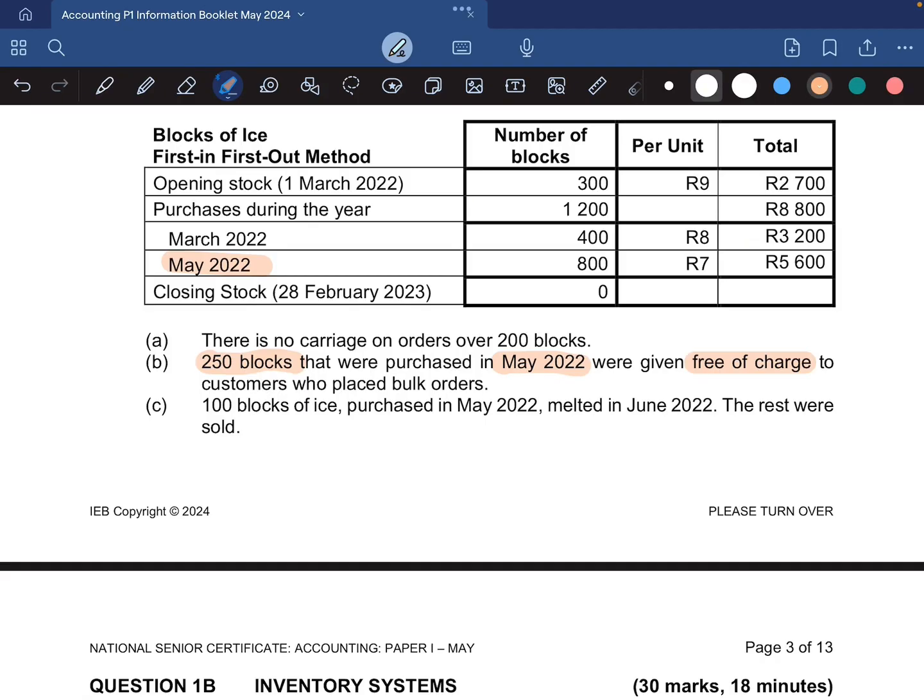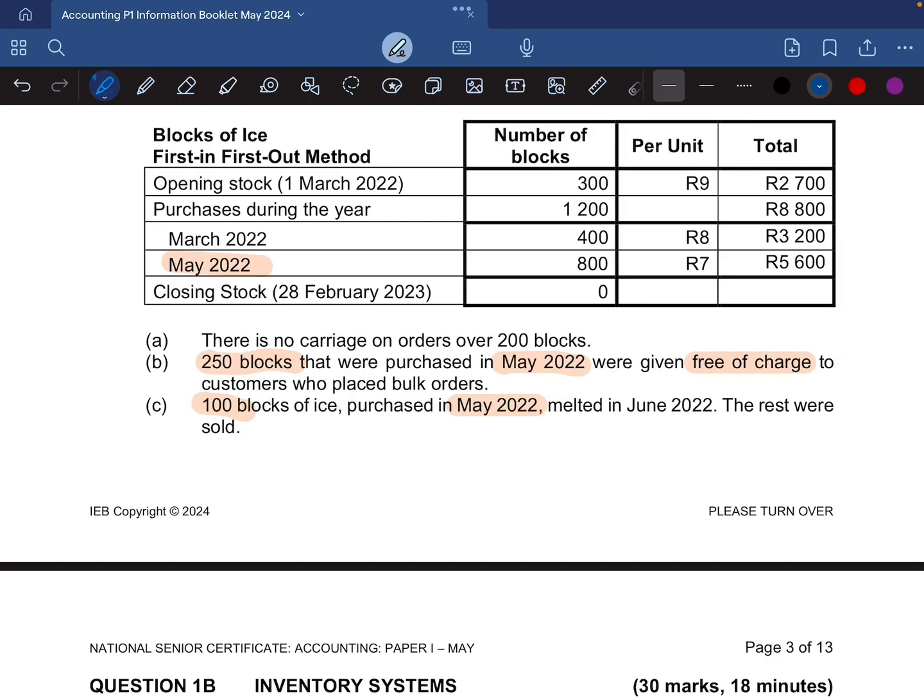Then lastly, we have 100 blocks of ice purchased in May again. They melted in June 2022, and then the rest were sold. So here, the 100 blocks that were purchased in May 2022 melted, which means from this 800, we need to subtract 100 and also subtract 250, but we'll just get into that so we can see how we are going to approach this question, because the 100 blocks of ice melted, and we are necessarily not going to be able to sell those blocks of ice.